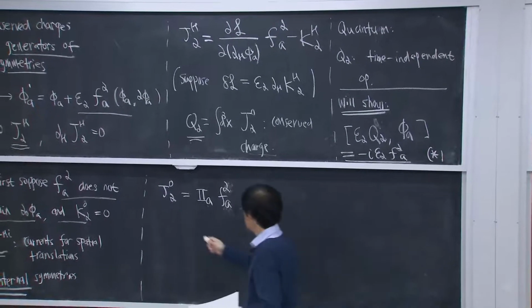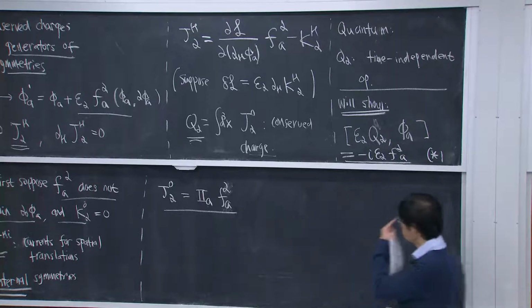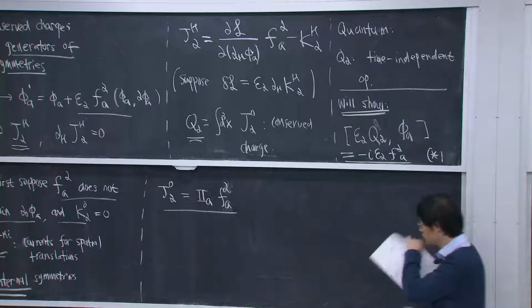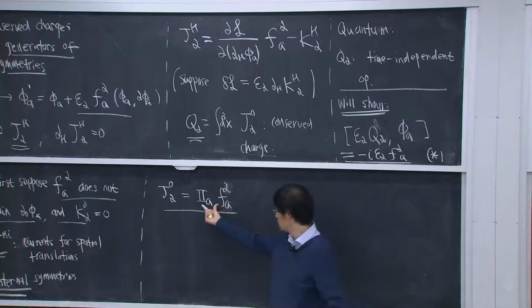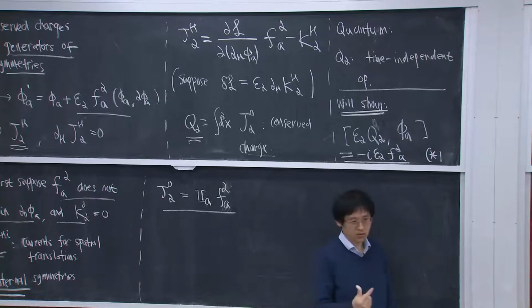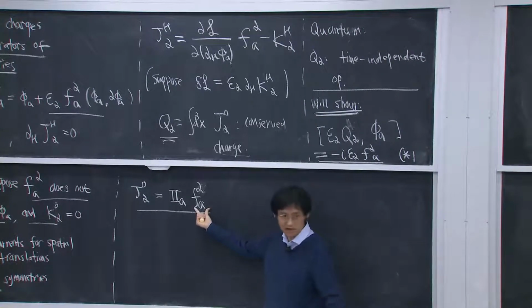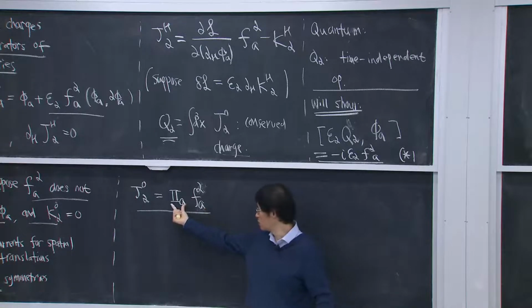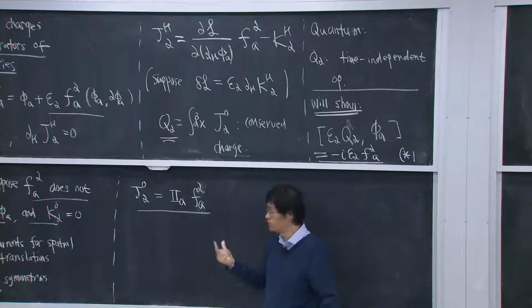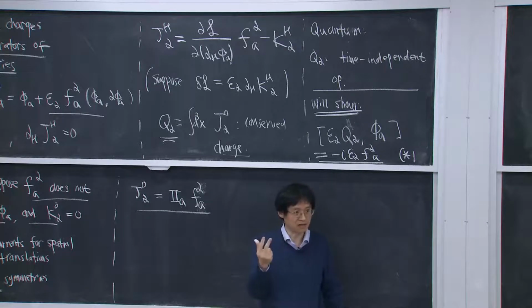Let me make one comment on this expression. Classically, you can write it whichever way you want. But quantum mechanically, there's a very important subtlety, because this typically will involve phi and this is momentum, and they don't necessarily commute. This is the field theory version of the so-called ordering ambiguity, which is already present in quantum mechanics.